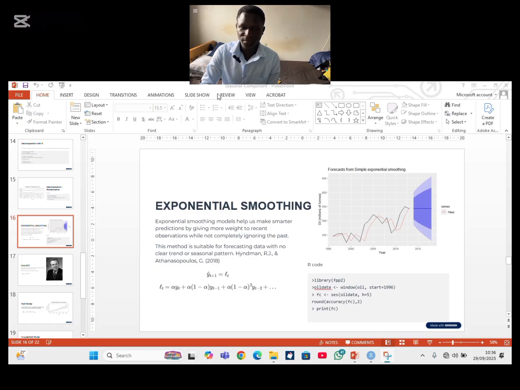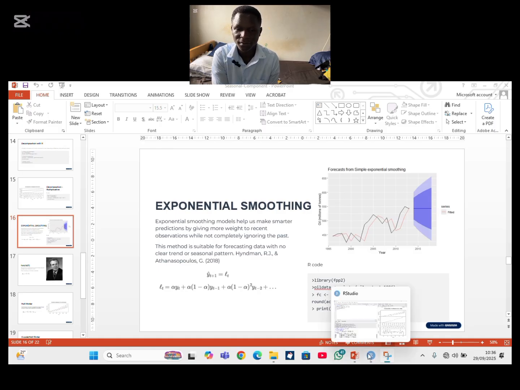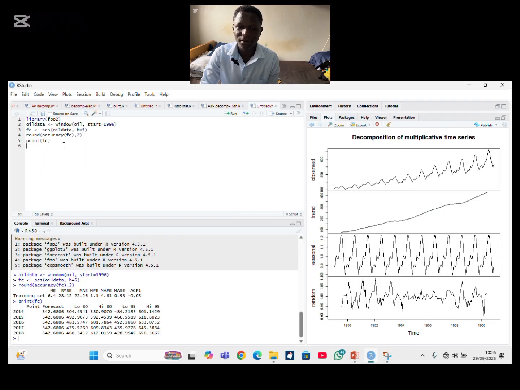As I was saying, now we want to illustrate how we could forecast using exponential smoothing. This is the script I wrote to help you make this forecast. We are going to forecast 5 values into the future, that's 2014, 2015 and so on. This data set is using the oil values in the period starting from 1996.